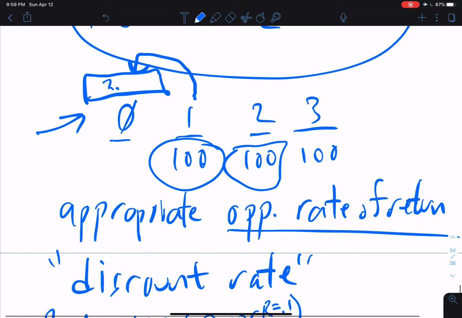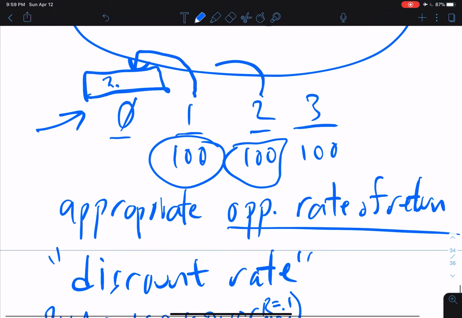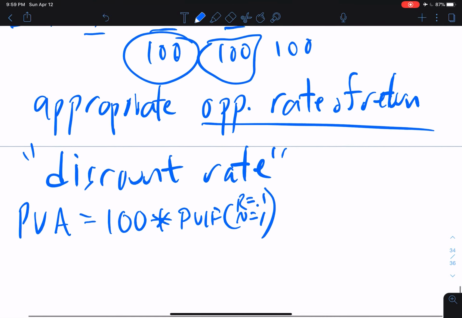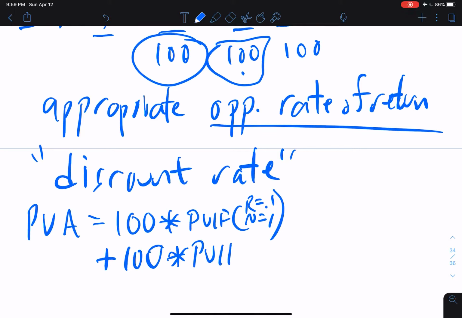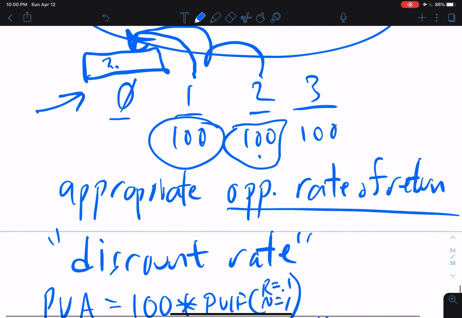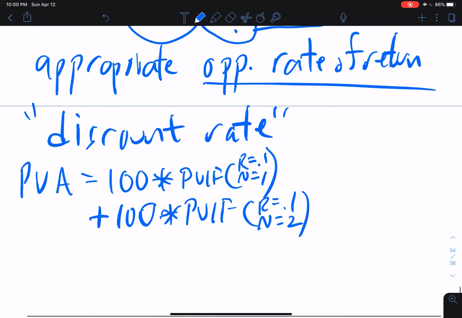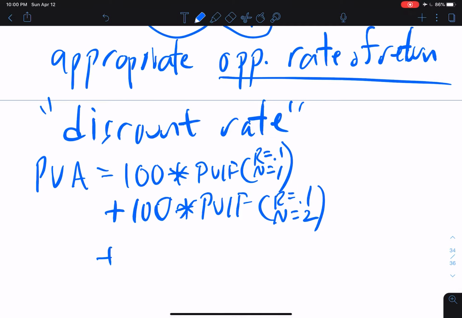Well, this one has to move back in time 2 periods, so to this I will add this $100 right here, multiplied by its own PVIF, and in this case, R is still 0.1 per period, but N is 2 because we're moving 2 periods back in time. And then to that I will add that third $100, paying at date 3.